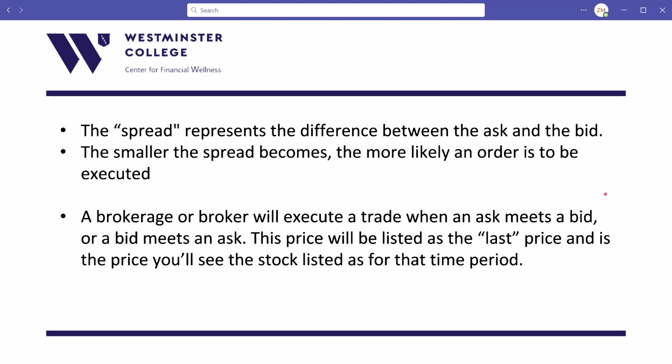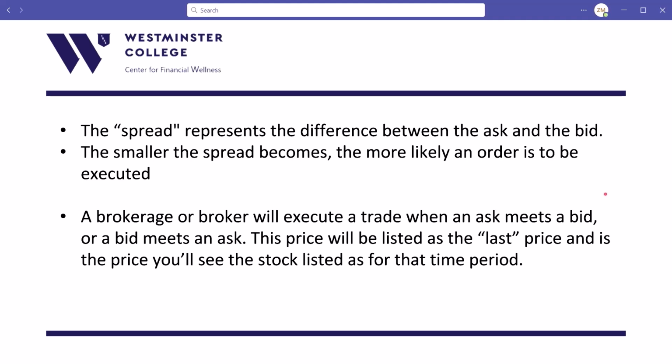The person who executes that order, unlike in your typical negotiation where I sell you a chair and I say $10 and you say $8 and we meet in the middle at $9 and that's done, for a stock you actually have to have a licensed individual or individuals to execute those orders, sort of like a cashier.